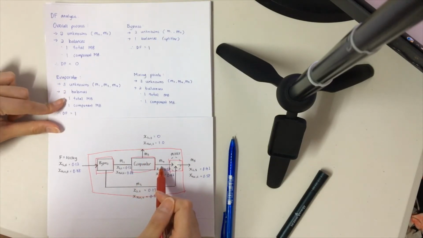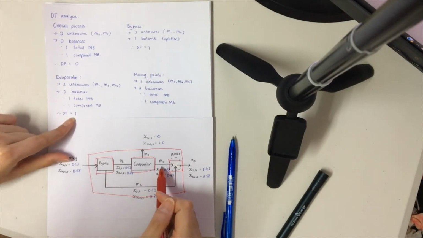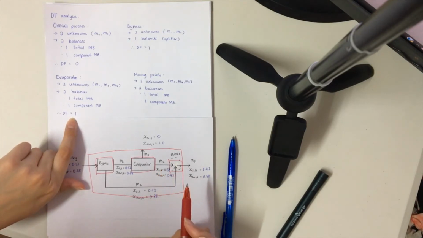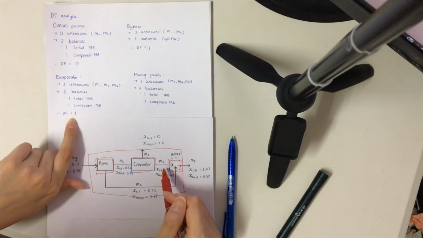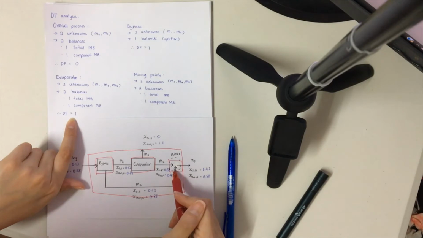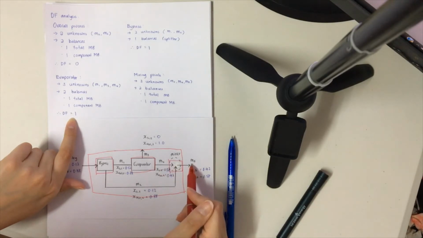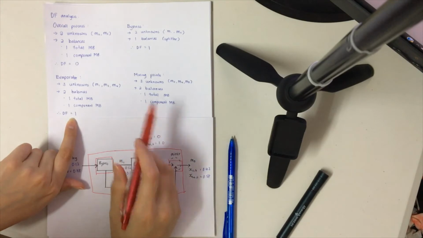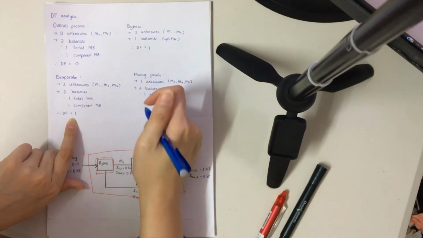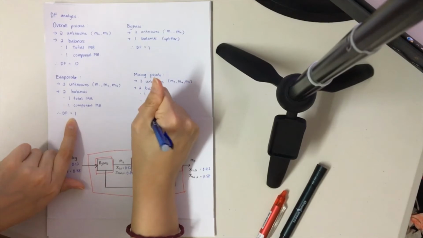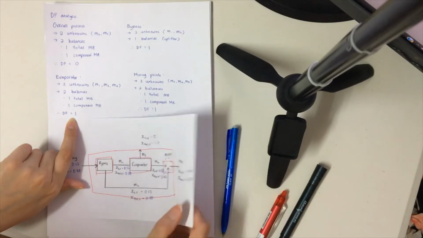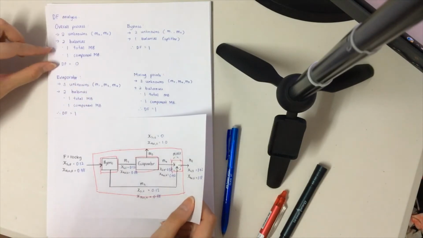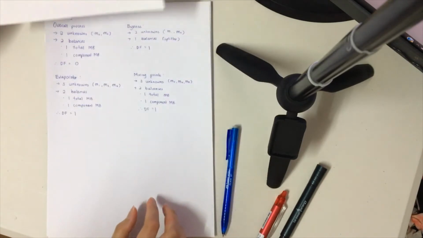We also have two balances, one total material balance and one component balance, leaving us with a degree of freedom of 1. At the mixing point, we have three unknowns: M2, M4, and M5. We also have two balances, same as before, and our degree of freedom is 1. Therefore, we should start with solving for the overall process first, because the degree of freedom is 0.